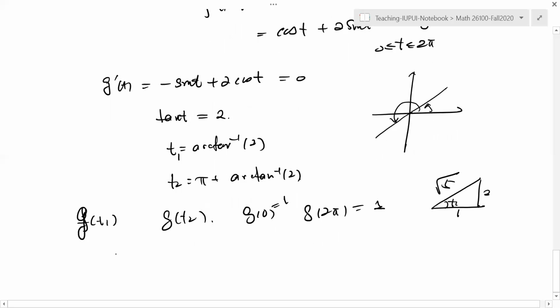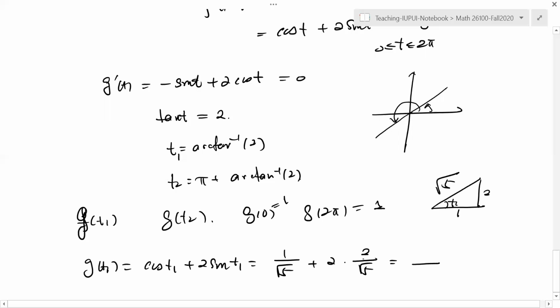So cosine t1 is going to be 1 over square root 5, and sine t1 will be 2 over square root 5. Cosine t1 plus 2 sine t1, add them together, 5 over square root 5, so the answer will be square root 5.